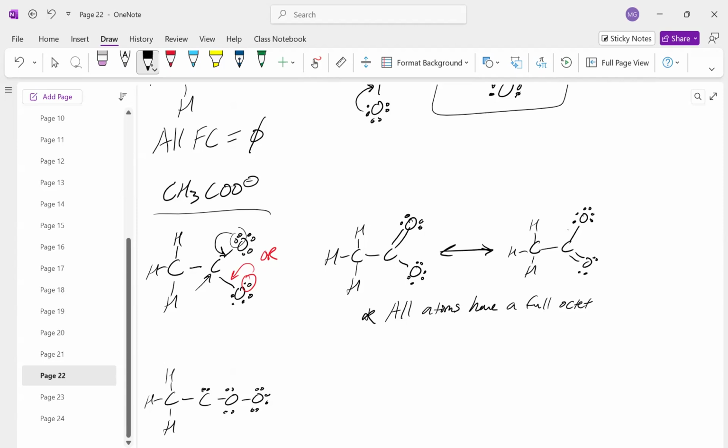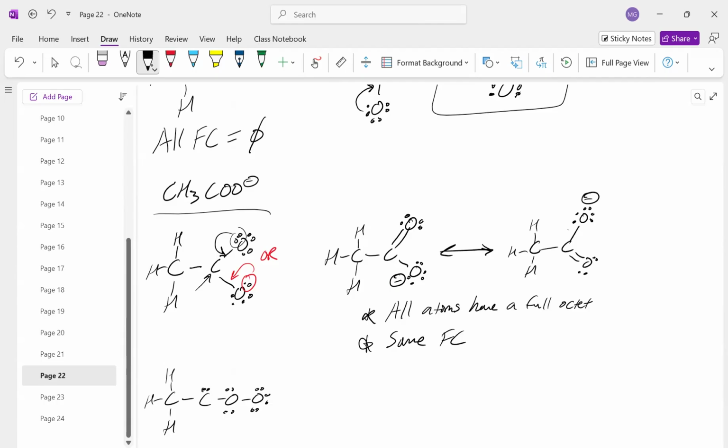So again, pause the video, do some practicing, calculate the formal charge of all the atoms. So when you've done that, you see that this oxygen here has a formal charge of -1. That one over there on the second resonance structure has a charge of -1. So same formal charges.